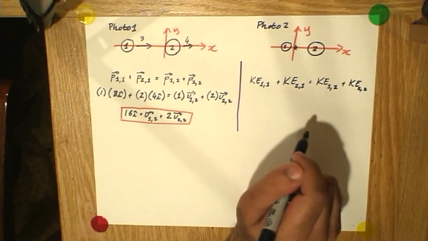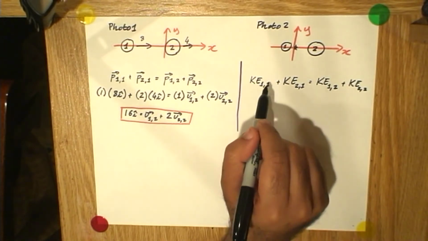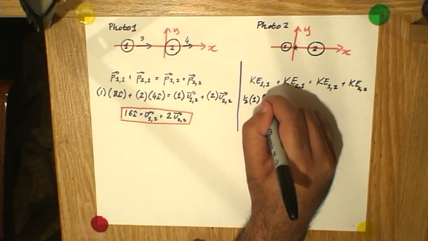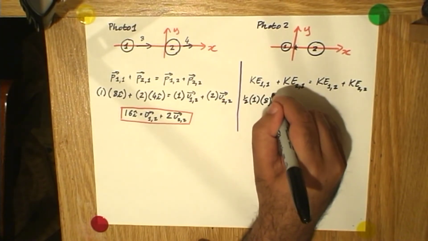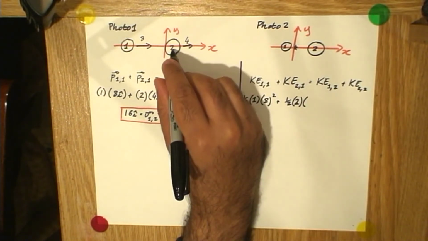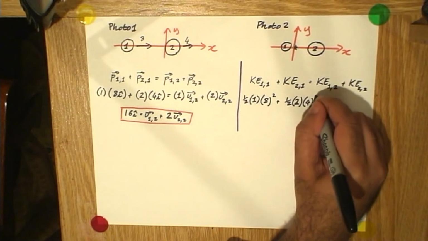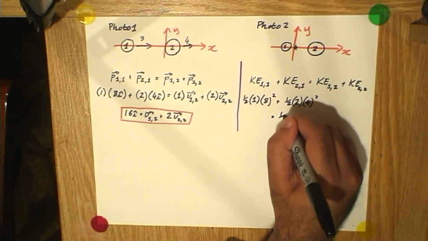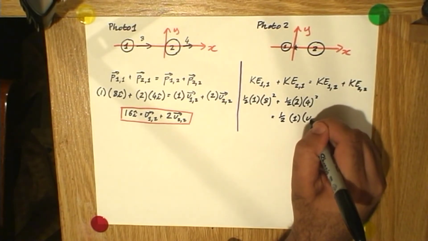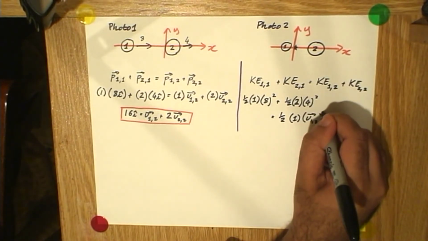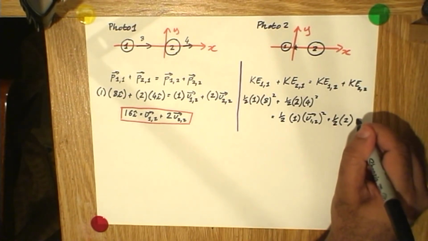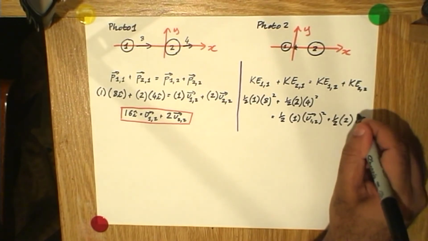Now, let us expand these out using the definition of kinetic energy, which is half mv squared. 1/2 times the mass, 1, times velocity, 8, squared, plus 1/2 times 2 times the velocity, 4, squared, is equal to 1/2 times the mass, 1, times the velocity, that would be v1 in photo 2, squared, plus 1/2 times the mass, 2, times the velocity, v2 in photo 2, squared.